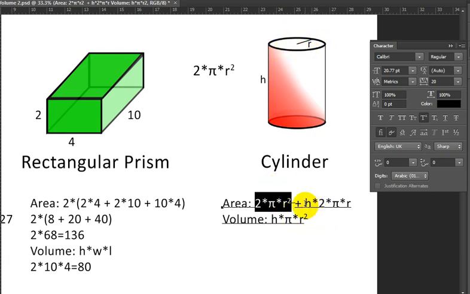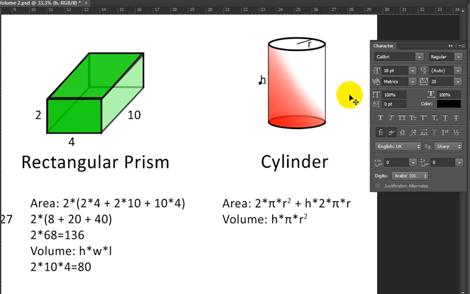And then this, h times 2 times pi times r, that's the area of the connecting part, the part of the shape that connects the two bases. And so to find the area, we just add these two. So basically, if you are told that, let's say the height is 4 and the radius is, let's say 5, you just plug those numbers in.